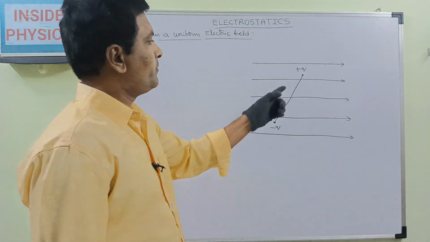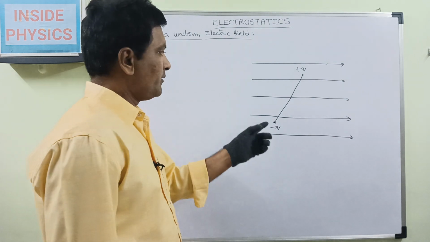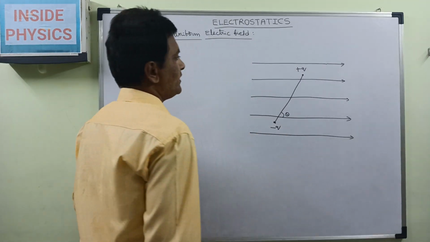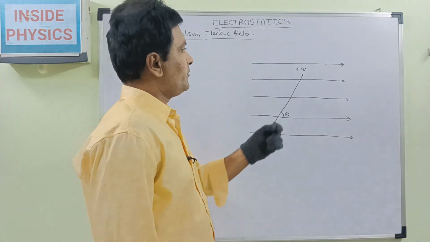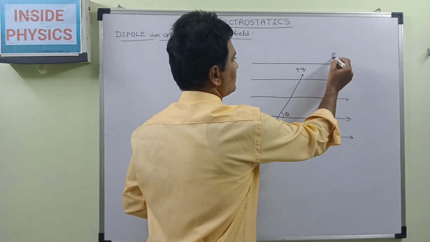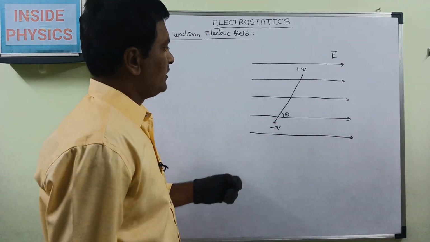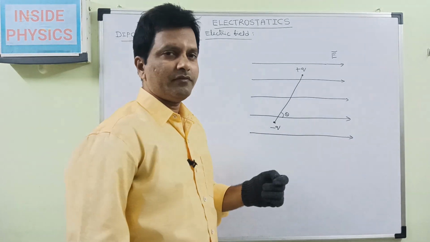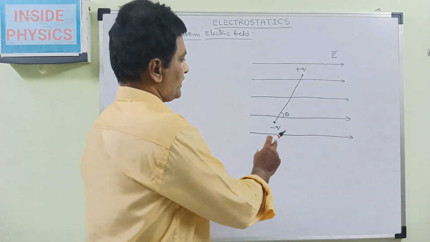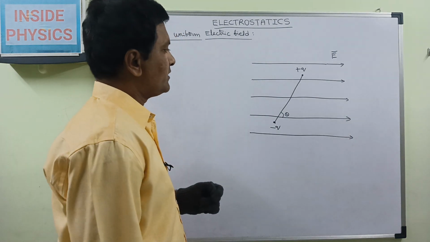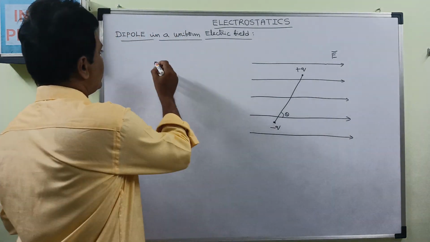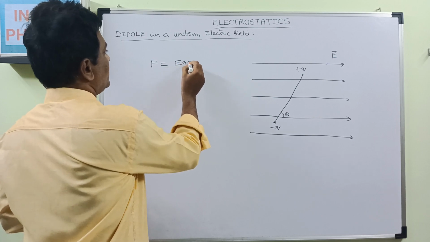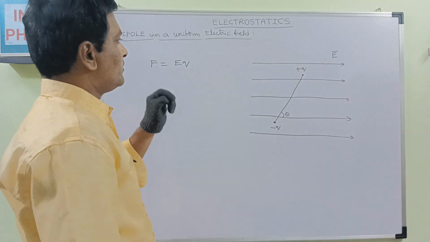A dipole making an angle theta with the direction of the electric field is placed in a uniform electric field E. There will be a force acting on the charges, because we know that a charge placed in an electric field will experience a force of EQ, the electric field into the charge.